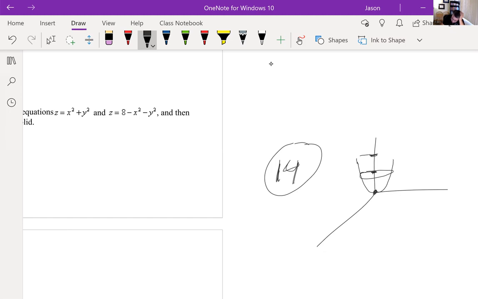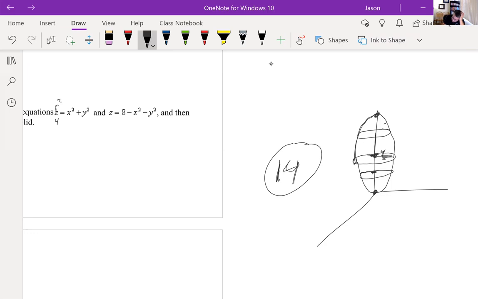We're at a circle of radius 2. That's interesting, right? Because z would be r squared. So if z is 4, then r is 2. Well, if we start at 8 and invert this, we're going to end up hitting the same spot. This is going to be a circle of radius 1, and then this will be a circle of radius 2.